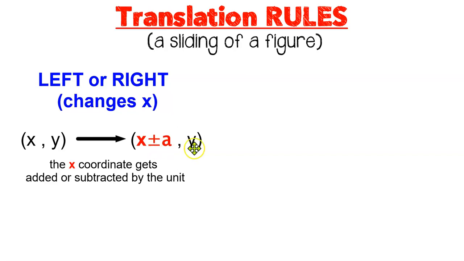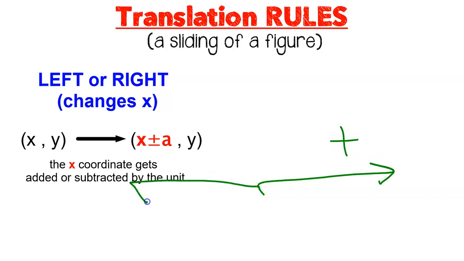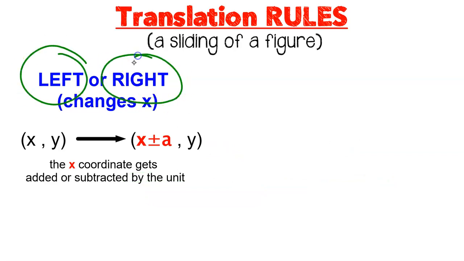And that's because you can move to the right or you can move to the left. If you are moving to the right, you're getting larger. If you're moving to the left, you're getting smaller. So be careful when choosing whether to add or subtract. Left is subtract, right is add.